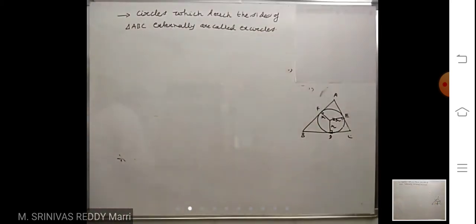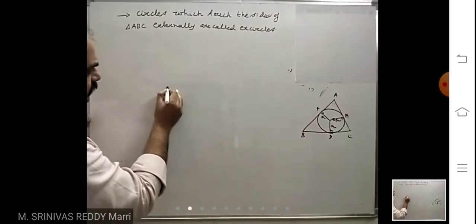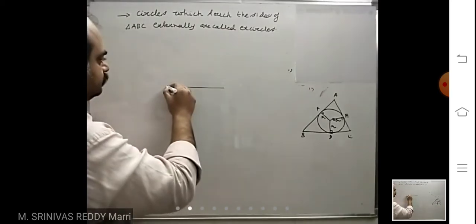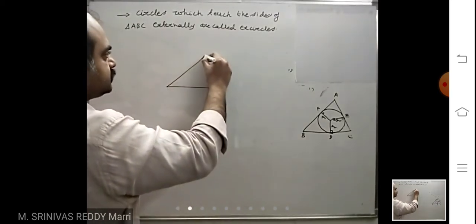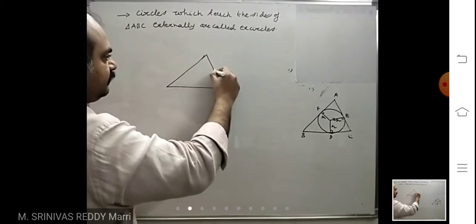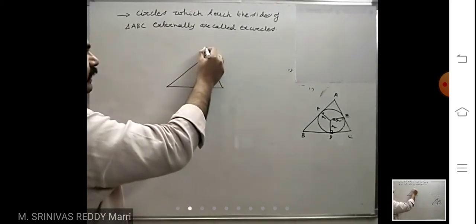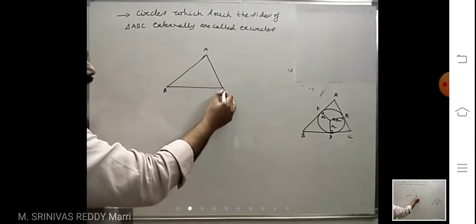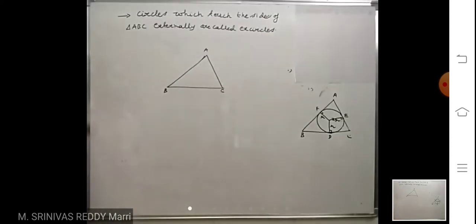Now observe carefully. I am drawing the diagram. Suppose take one triangle, like this. Right?